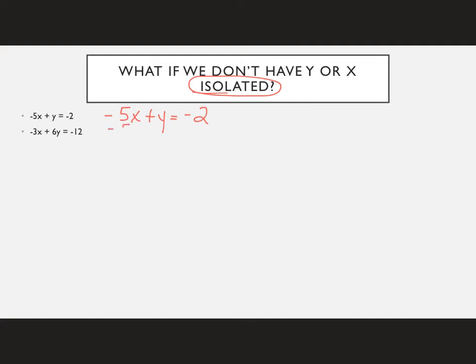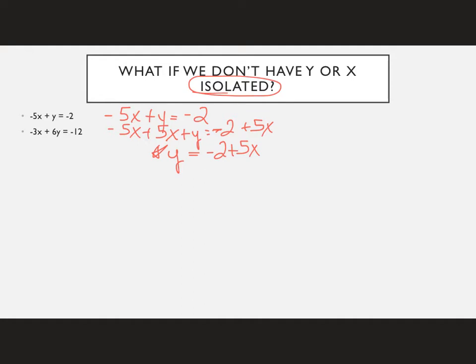So I have negative 5x plus 5x plus y equals negative 2 plus 5x. That gives me y equals negative 2 plus 5x.